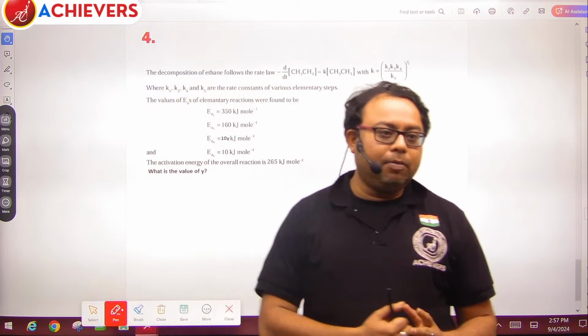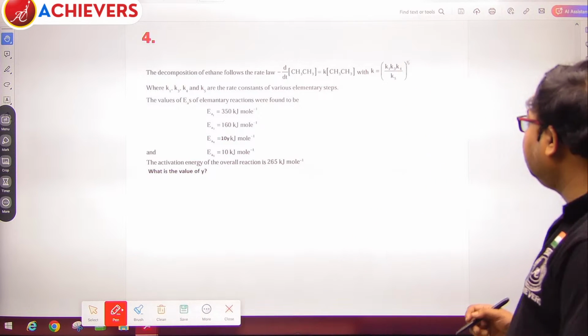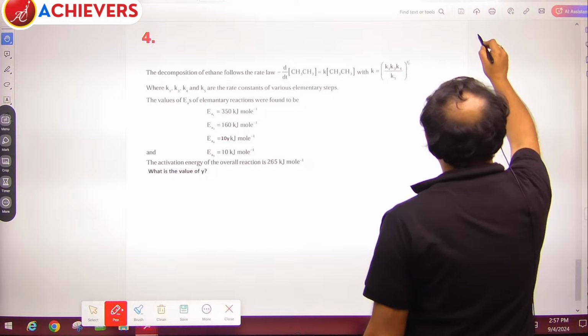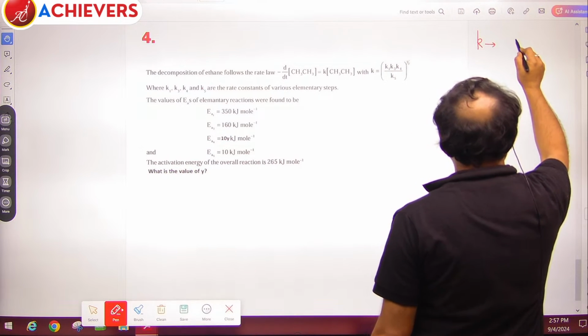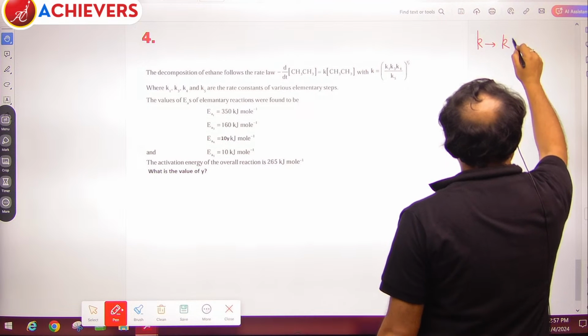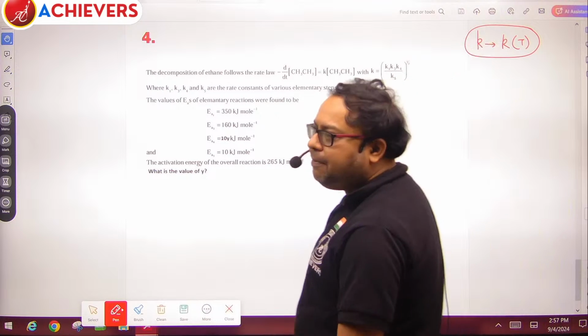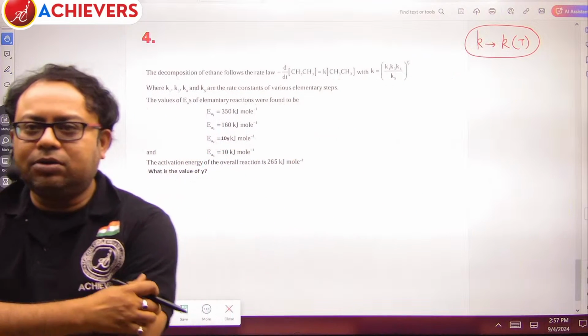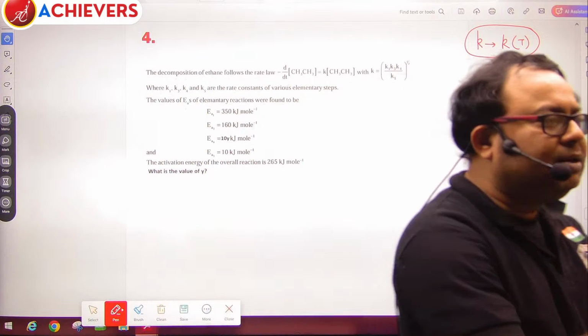Before reading the problem, you have to understand one thing. What is the nature of temperature dependence of rate constant?